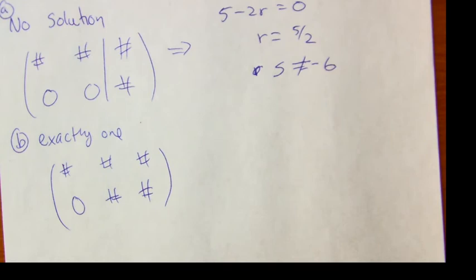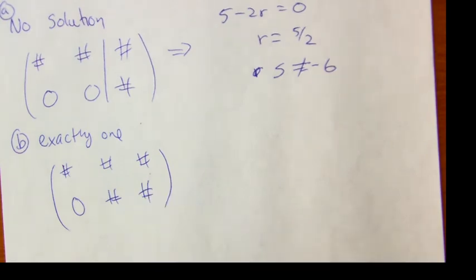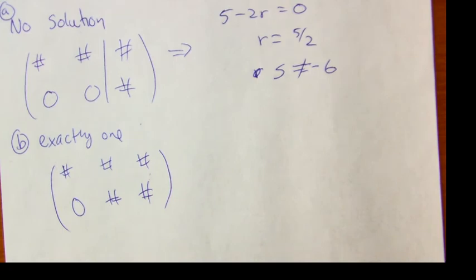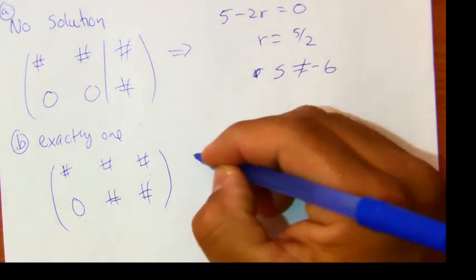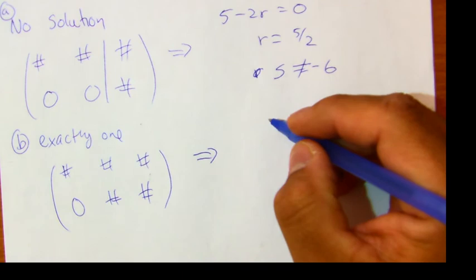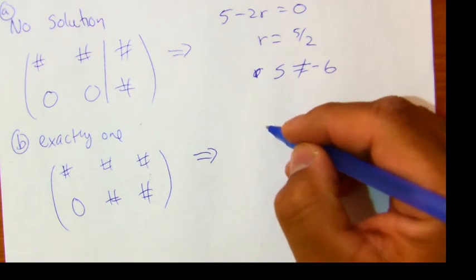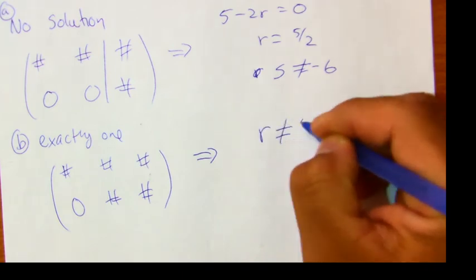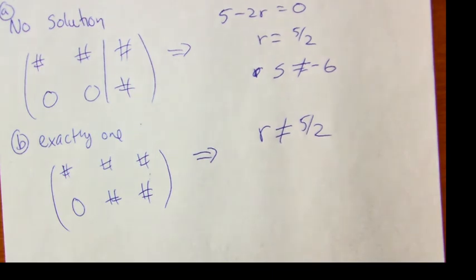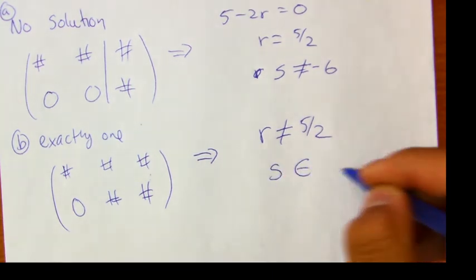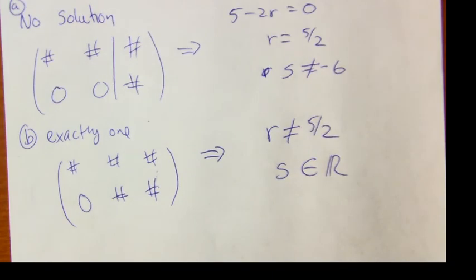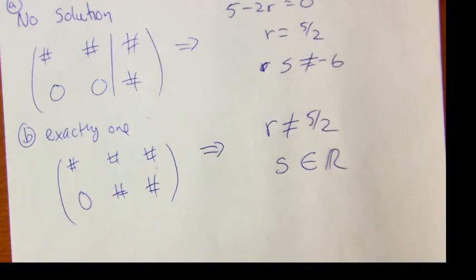This could be 0 or non-zero; it doesn't matter as long as I have a number there. Which means that in order to have exactly one solution, I need R to not be equal to 5/2, and S could be any real number. In that case, I would fall in this case.